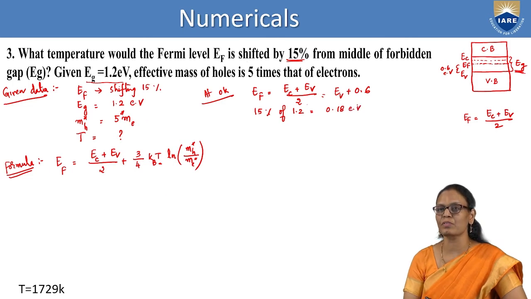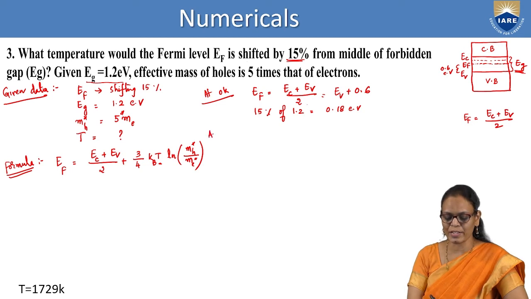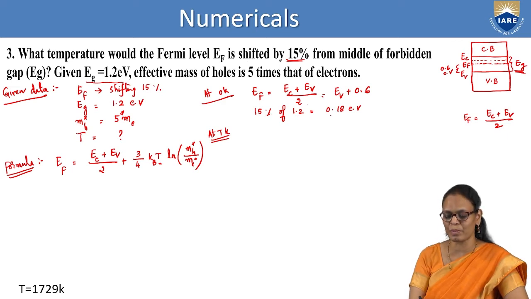Because of the increase in temperature, at T Kelvin, it is shifting by 15%. So where will the Fermi level now be? It will be at EV plus 0.6 plus 0.18, so EV plus 0.78.